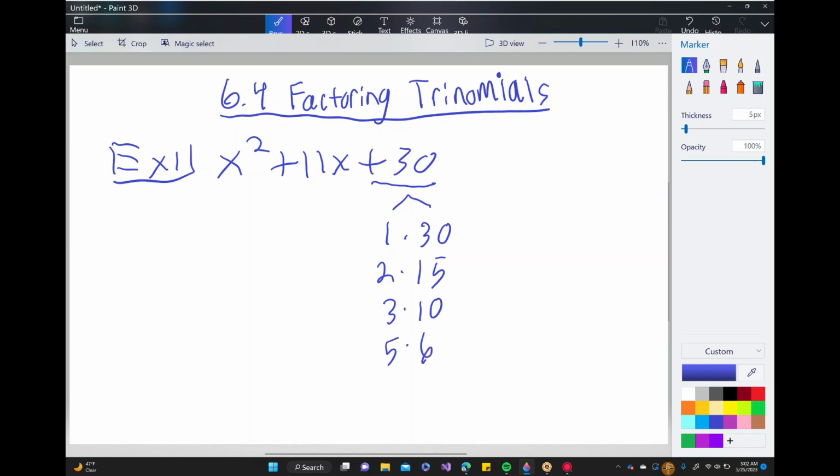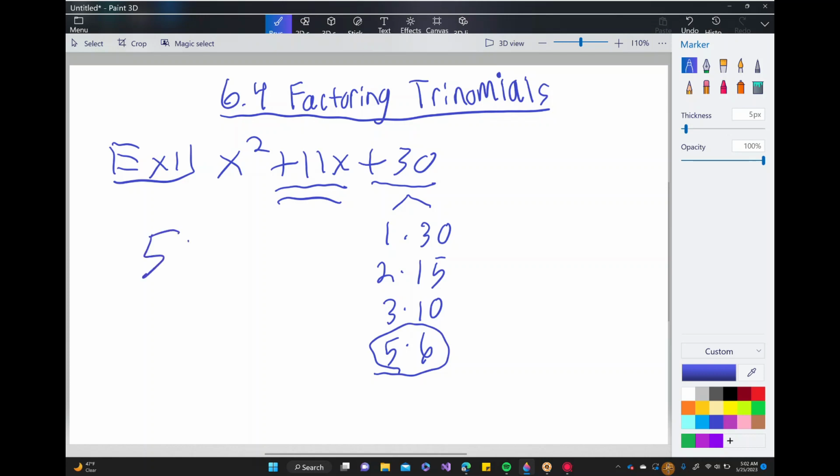And then we're going to look at all 4 of these options and say which one of these will add or subtract to 11 in the middle there. 1 plus 30 doesn't work. 2 plus 15, nope. 3 plus 10, 13, closer, but 5 and 6 are our winner there.